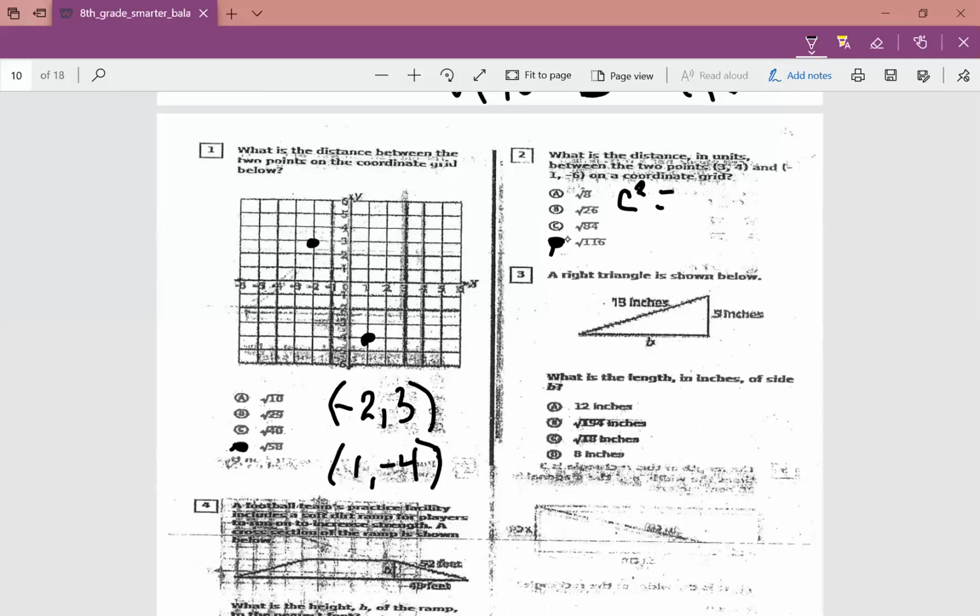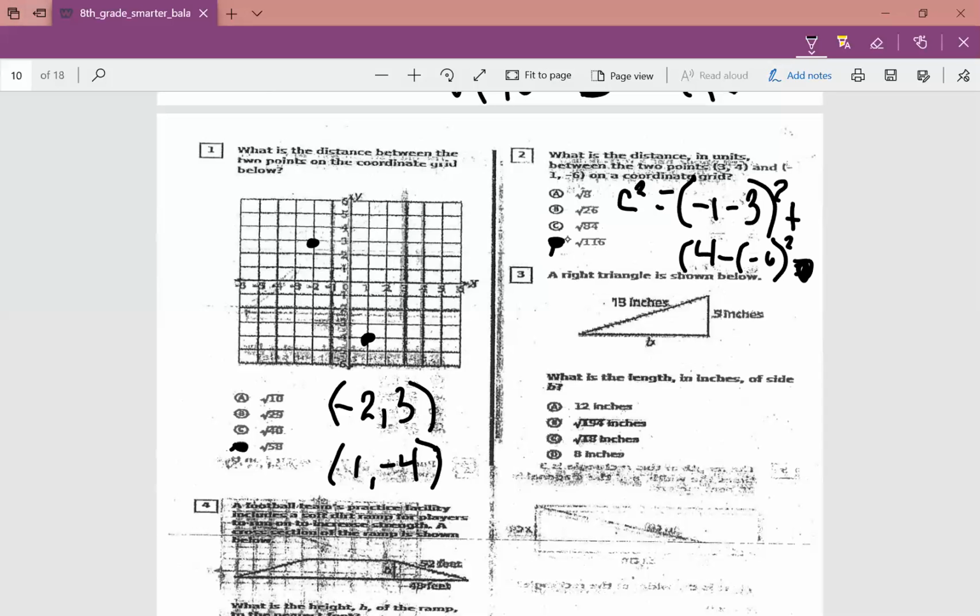I'm going to have -1 minus 3 squared. And then I'm going to add that. Sorry, I got to come down here. 4 minus -6 squared. And that is all going to equal your c squared up here. Sorry, it shouldn't be there.